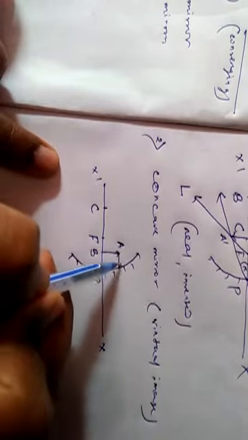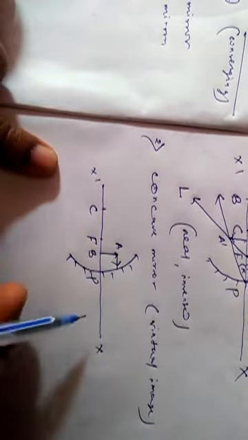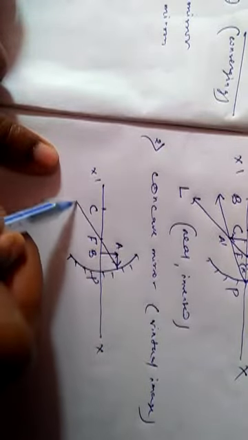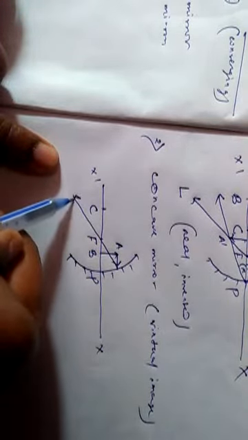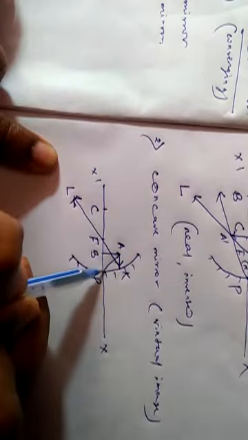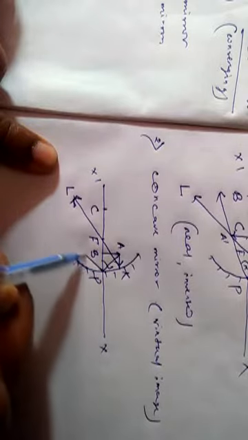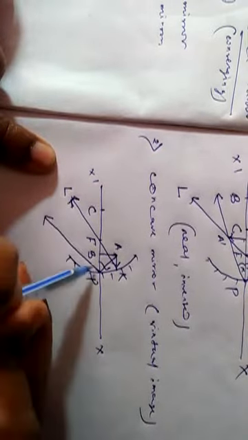Take a light ray that goes parallel to principal axis, x-axis. After reflection, it will pass through focus. Take another light ray that goes to pole. After reflection, it will move like this. This is angle of incidence I. This is angle of reflection R. Both the light rays will not meet after reflection.